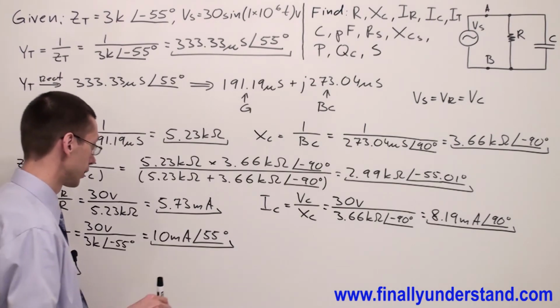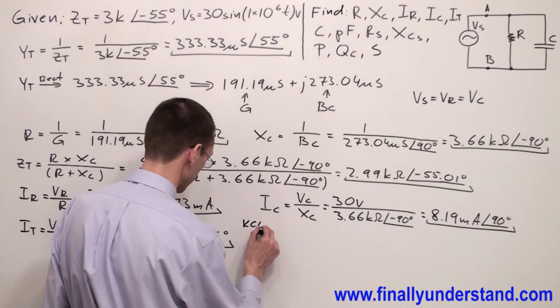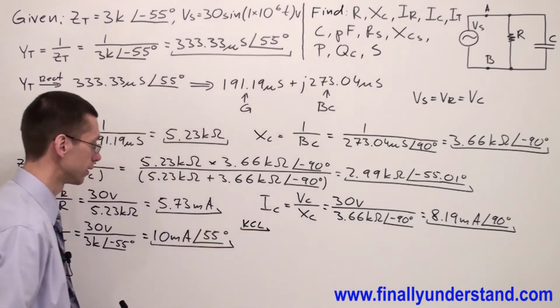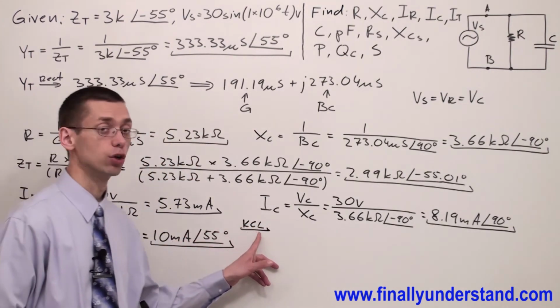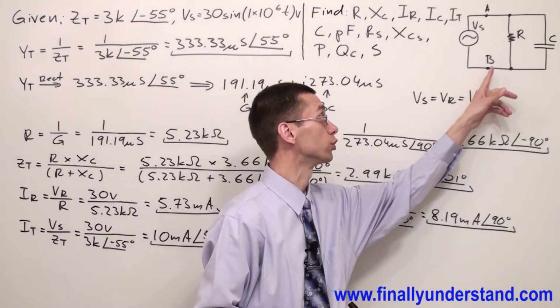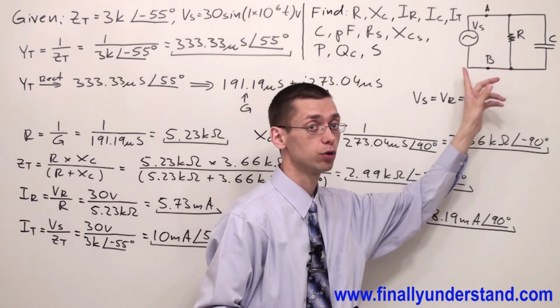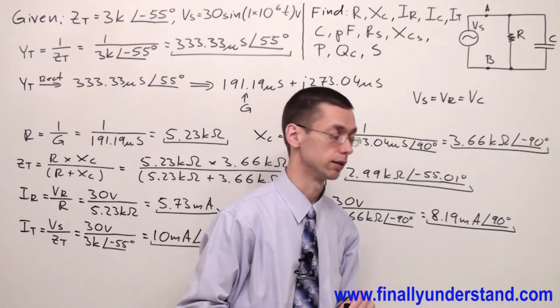So this is one way to find the total current. Another one is simply KCL, right? Kirchhoff's current law. It means that if I add the current which goes through the resistor and the current which goes through the capacitor, I'm going to end up with the total current.